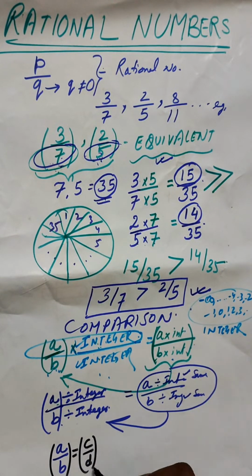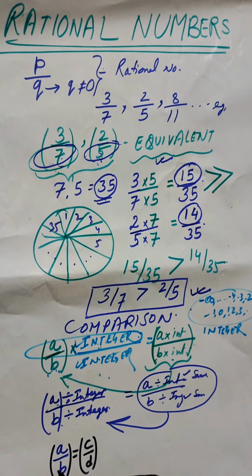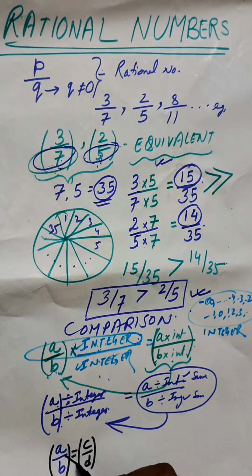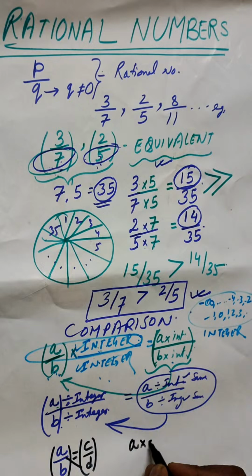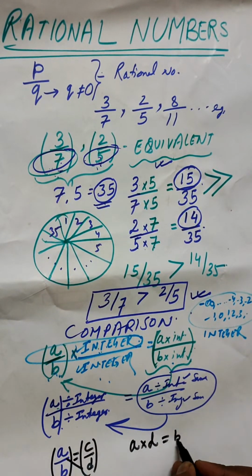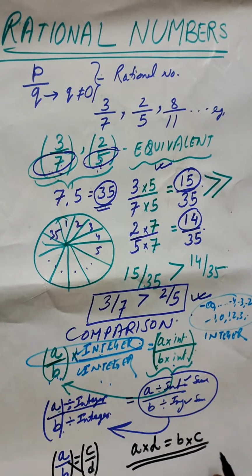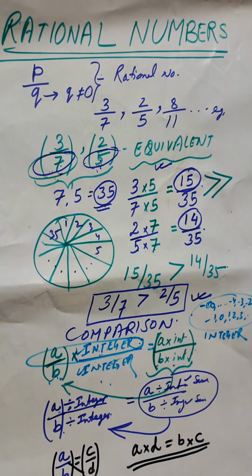If this is an equation given to you, then by cross multiplication, a into d will be equal to b into c. This is another property.